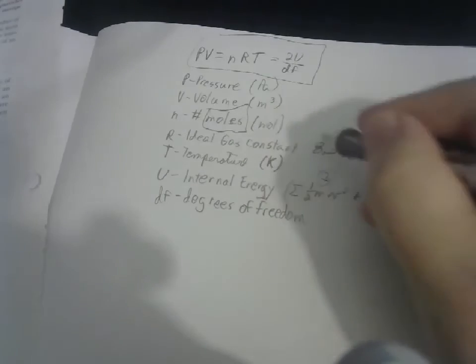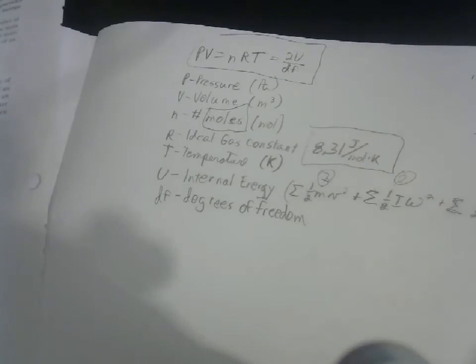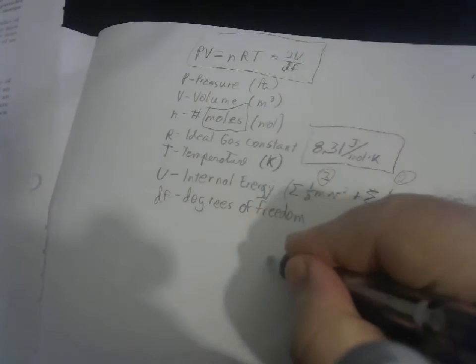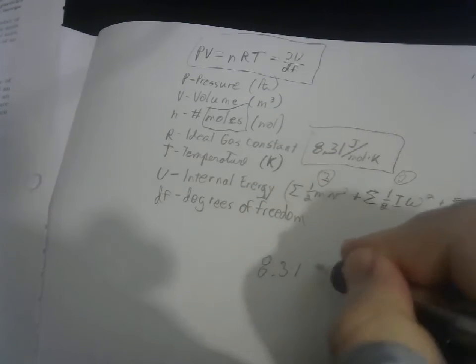Okay, so we've got this PV equals nRT, and I've told you that R is 8.31 joules per mole Kelvin. They do a thing where they find what R is in atmospheres. Let's see. So let's write this 8.31.